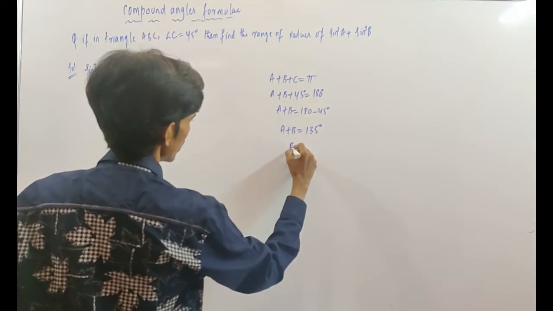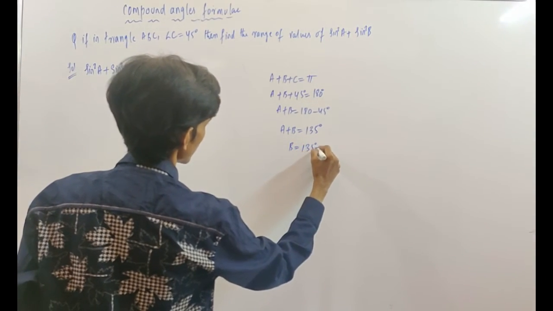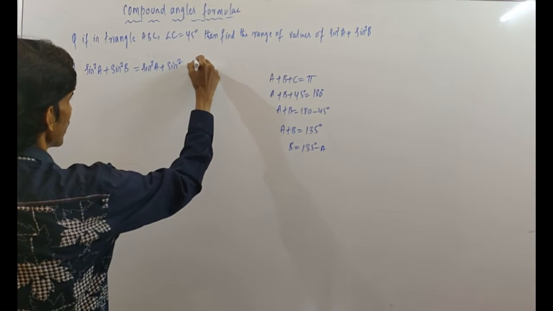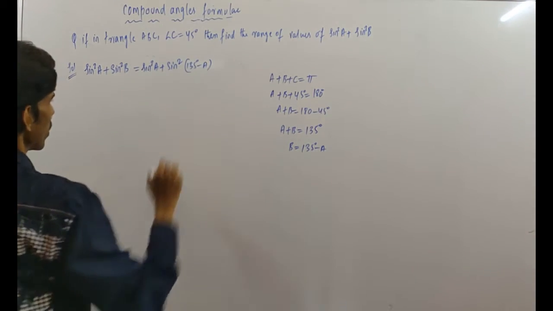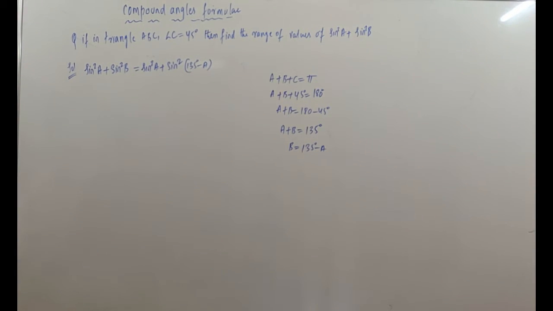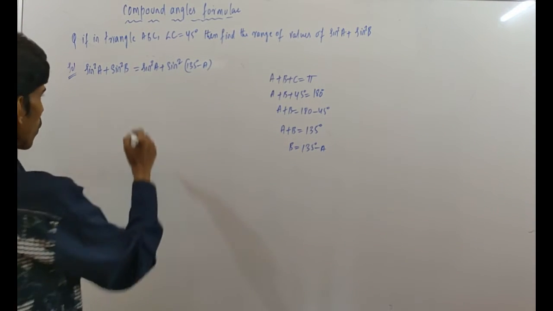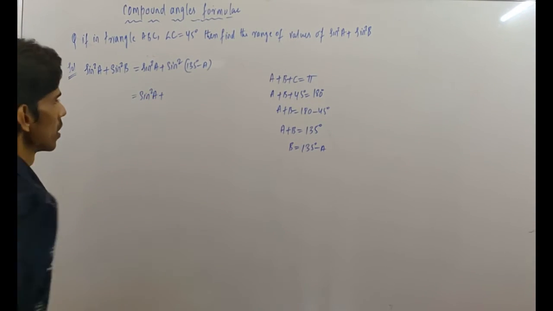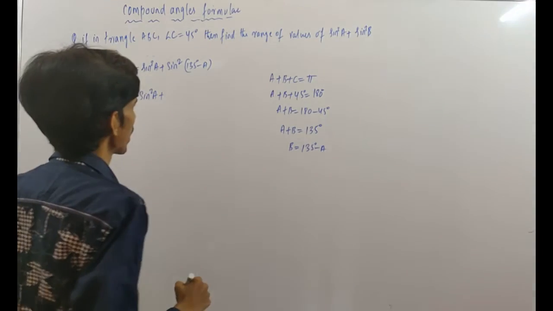From this, B can be 135 degrees minus A, so sin²B is sin²(135 minus A). Now this can be written as sin²A plus sin²(135 minus A).